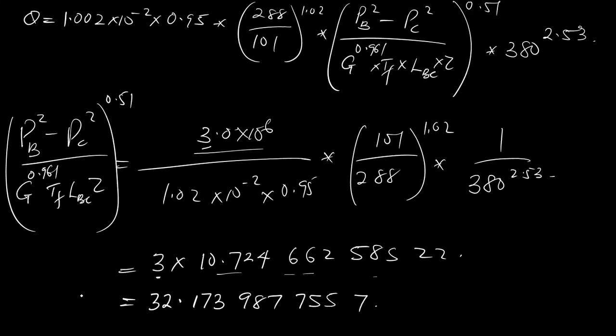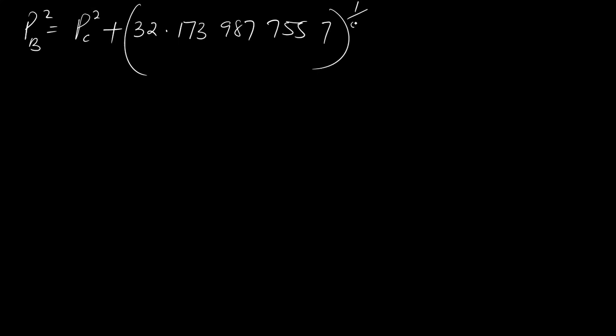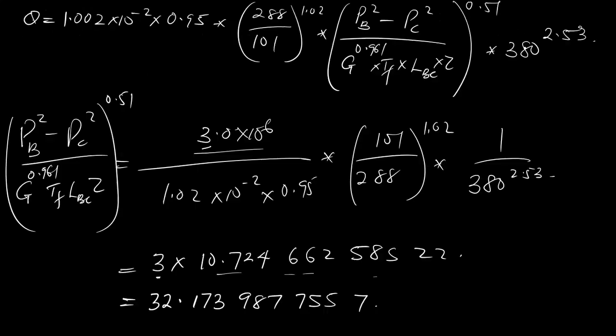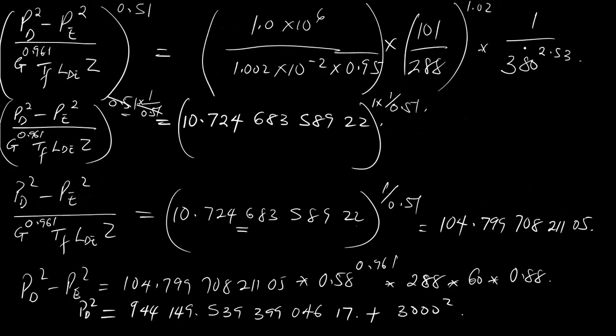Now to get our PB, PB squared will be PC squared plus 32.1739877557 all raised to power 1 over 0.51, times 0.58 raised to power 0.961, times 288, times the length. What is the length?